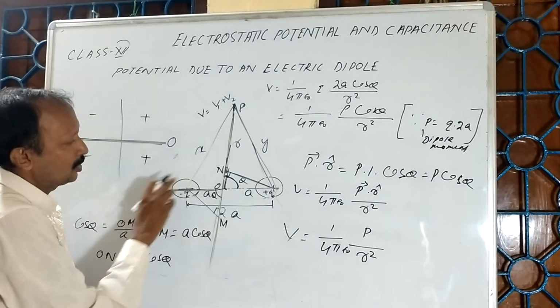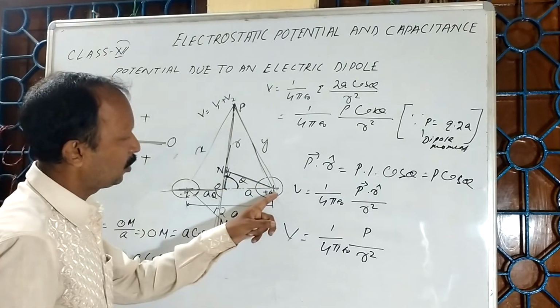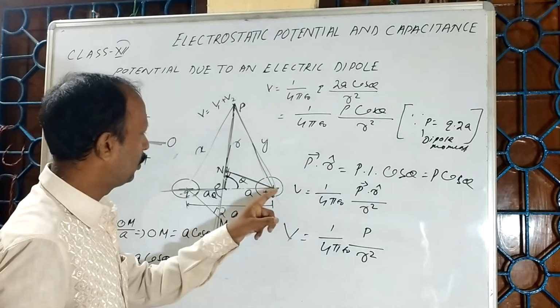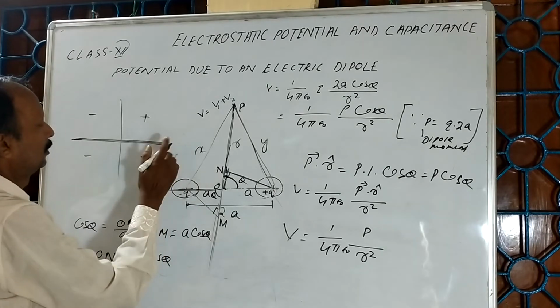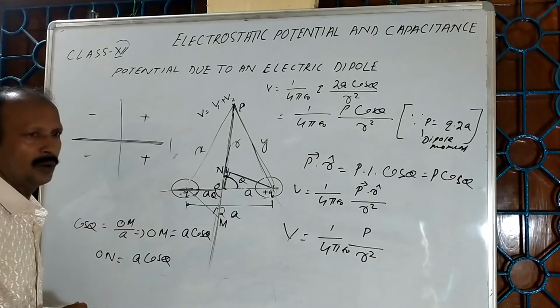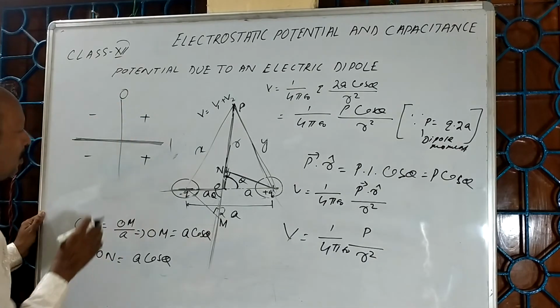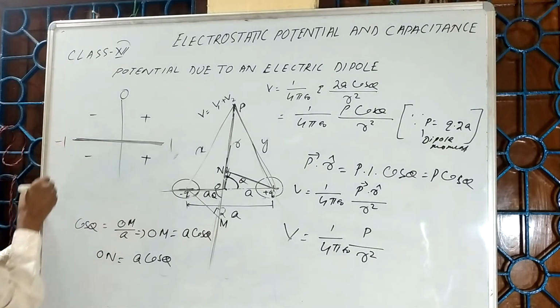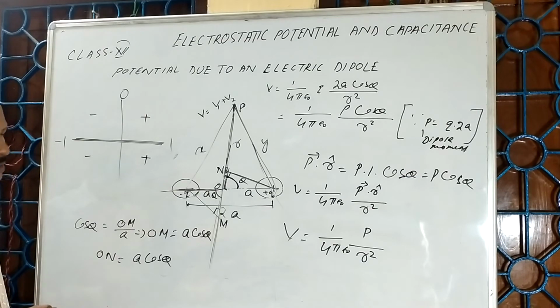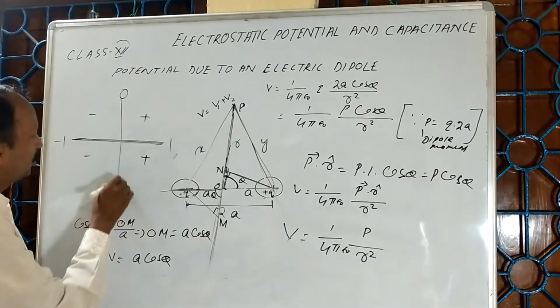We know that cos 0 degree is equal to 1. Cos 90 degree equal to 0. Cos 180 degree equal to minus 1. So again it came to the 0.